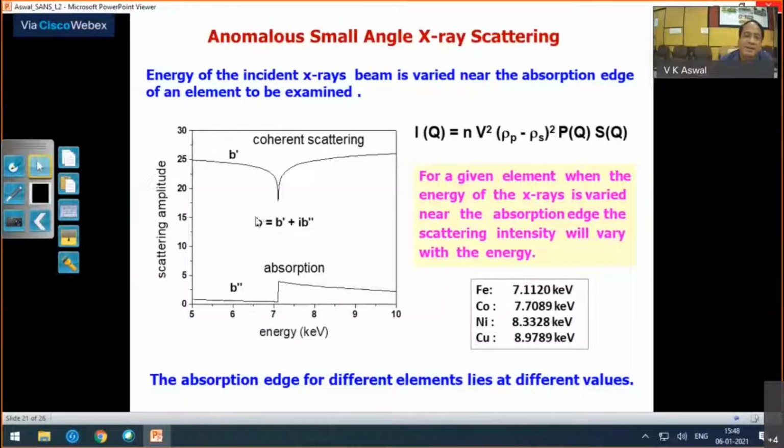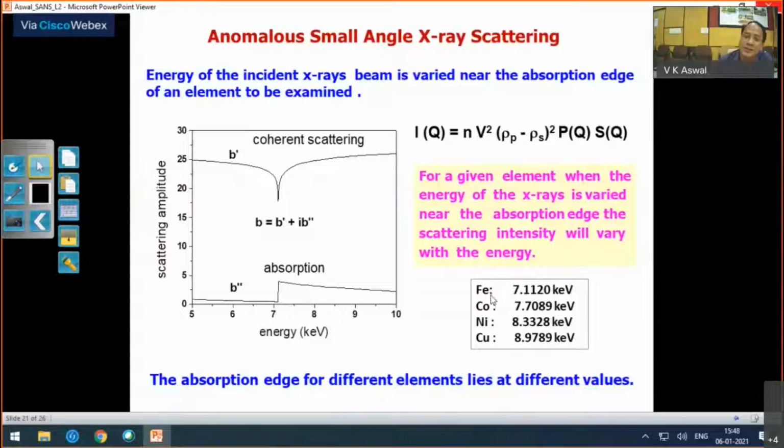So you can write a scattering length in two parts, real part and imaginary part. So real part is... so here at the absorption edge, your energy is such that you can knock out the electron from the atom. So there your absorption will increase and your scattering length is decreasing. And how do you differentiate different elements, because their absorption edges are very different.